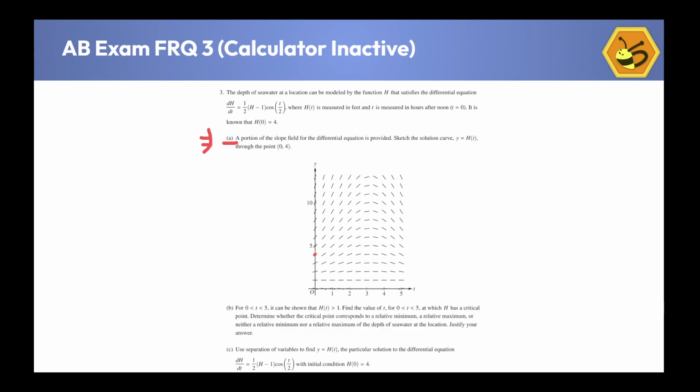I believe it is time to go over part A. And unfortunately, it is only worth 1 point. But let's see how we're going to draw the solution curve. So those little lines tell us what the instantaneous slope should be. So I can follow it somewhat like this.